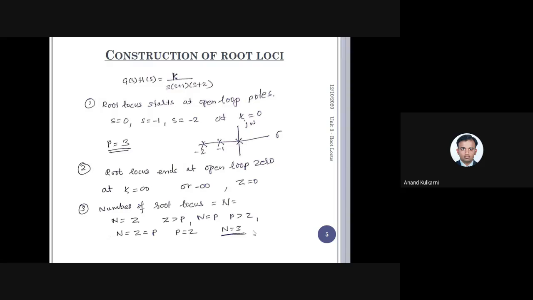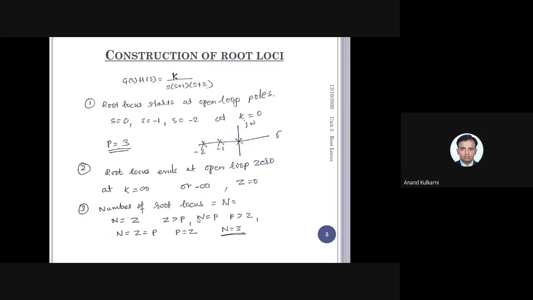As per rule number 3, the number of root locuses N will be equal to the number of zeros if the number of zeros is greater than the number of poles, or equal to the number of poles if the number of poles is greater than the number of zeros, or equal to either if both are same.